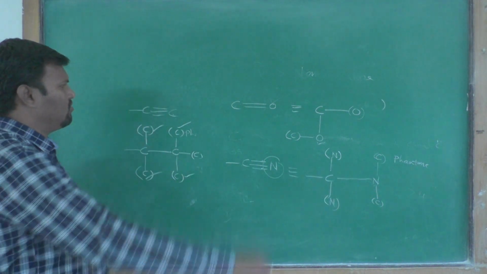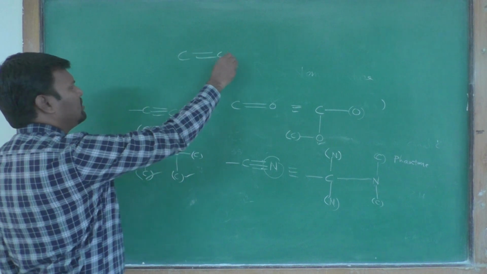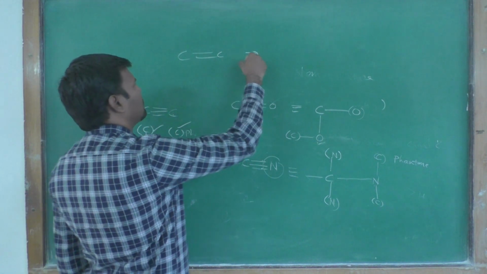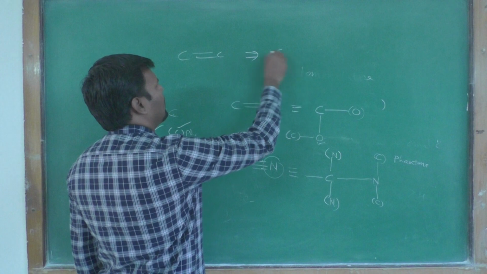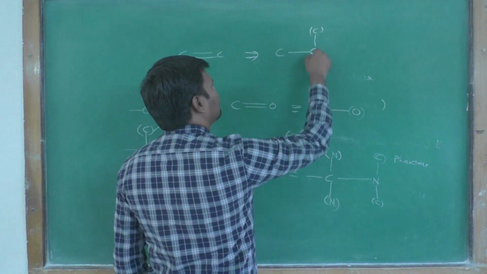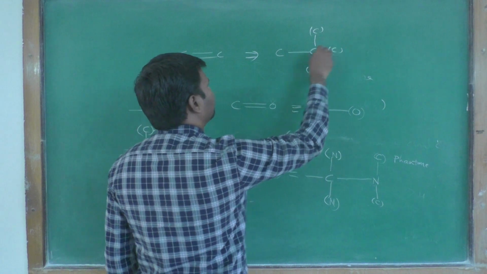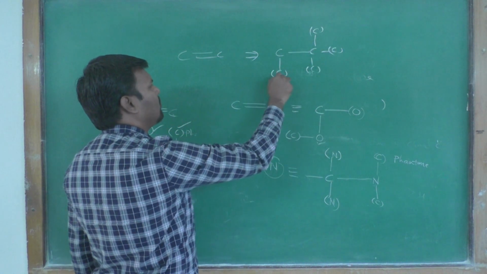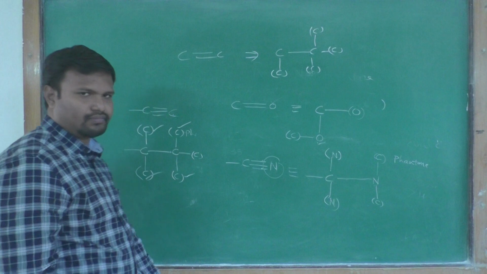Suppose we have C double bond C, this can be shown like that. C double bond C means this C we have shown, and the valency for this we have completed, and the next double bond we can show like that.